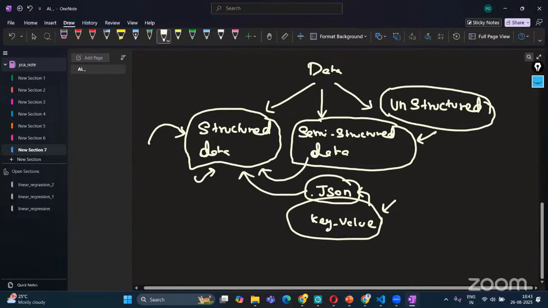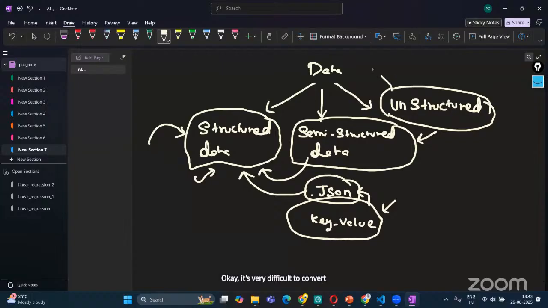It's very difficult to convert unstructured data into structured data. I'm saying it's difficult, but I'm not saying it's impossible. We can convert this unstructured data into semi-structured form.